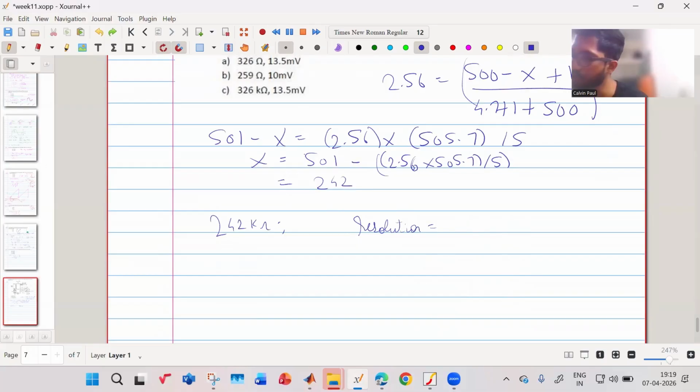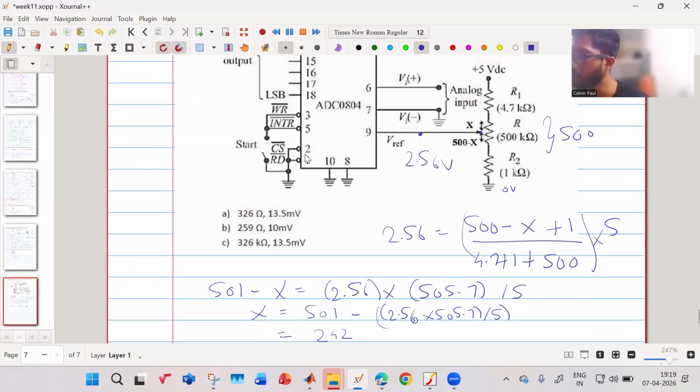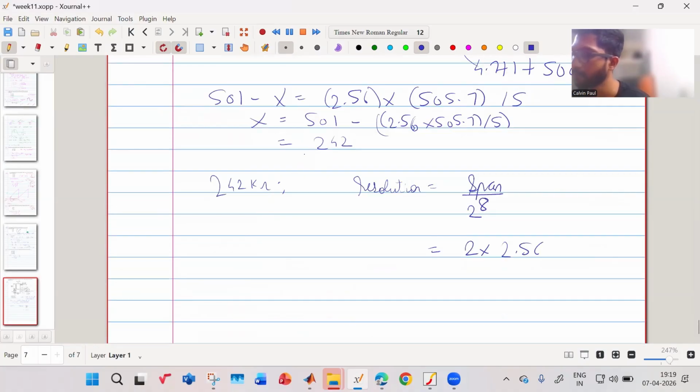So your resolution is your span divided by 2 raised to 8. Span is 2 into your VREF, that is 2 into 2.56, okay?